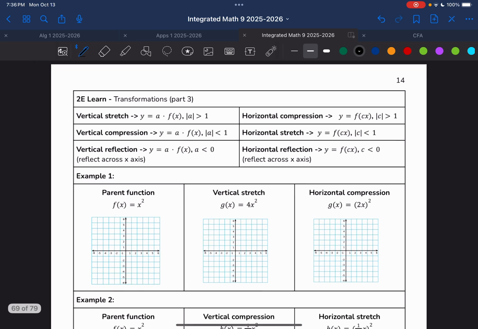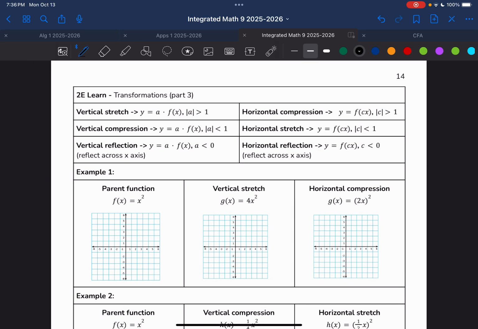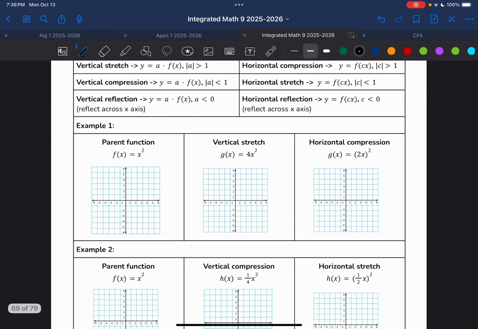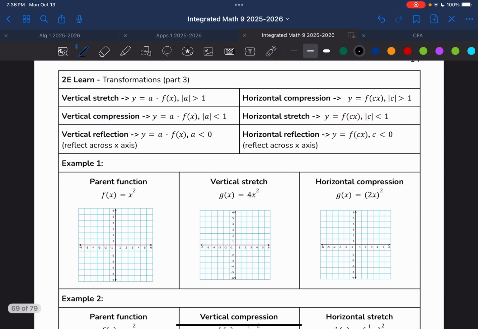All right, and then on page 14, we're talking about something that might be a little tricky, and that is horizontal compression. So this is where instead of multiplying outside of the parentheses, we multiply inside of the parentheses.